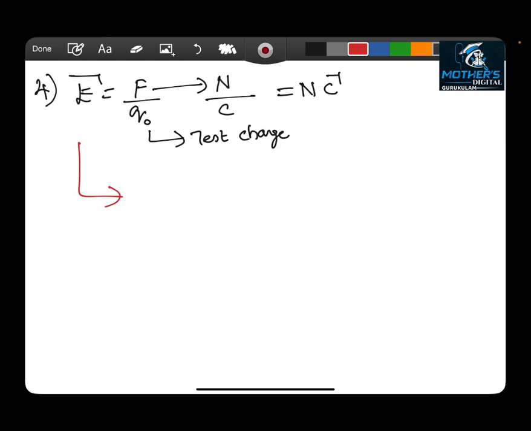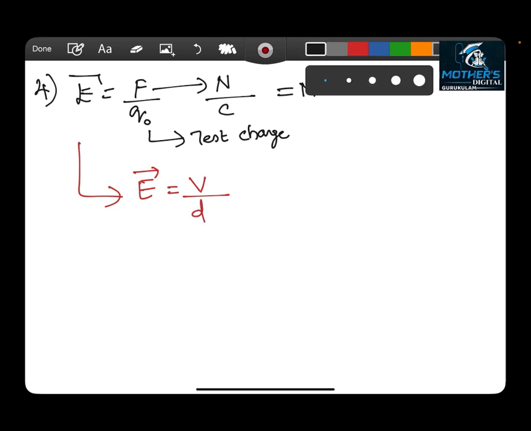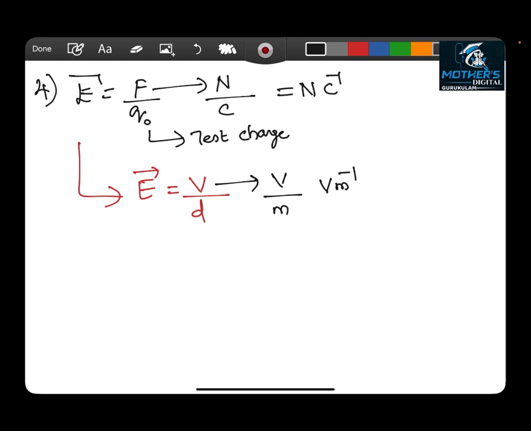From the second chapter, we know the relationship between electric field and voltage. Electric field is nothing but voltage developed across the distance. From this formula, I can write the SI unit as voltage measured in volt and the distance in meters. So it can be written as V m power minus 1. According to the formula, we can choose the SI unit.